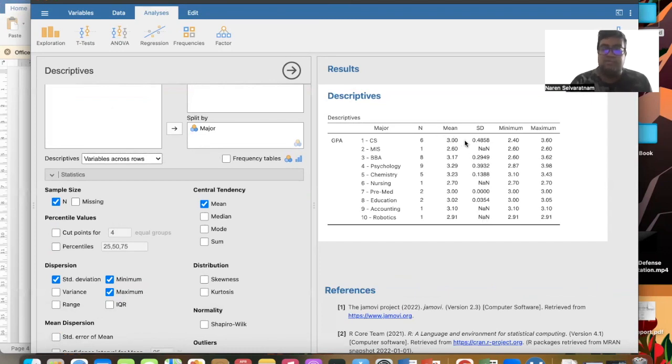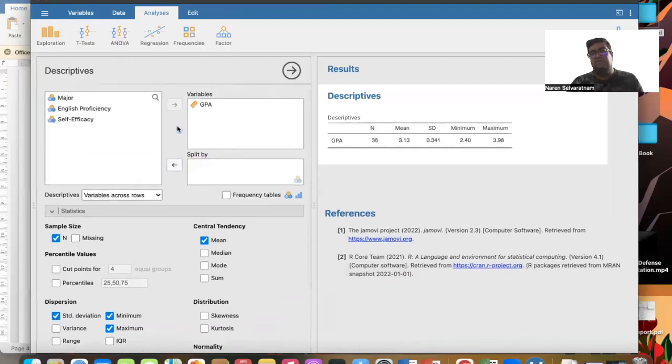But if you notice, computer science, the GPA is 3, psychology 3.29, and then here we have again 3.23, chemistry. So I think psychology and chemistry have the highest GPA. So these are all good descriptive analysis. You need to do a good amount of descriptive analysis before you go ahead and start reporting your data.